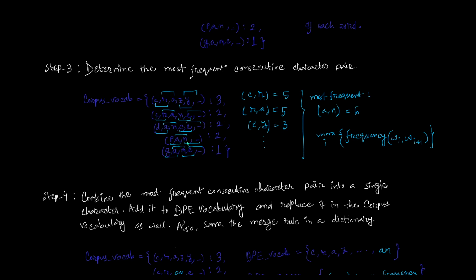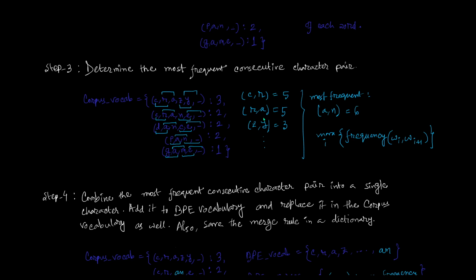Crane, dance, pan, these are the three words that have AN, and each of the words has two frequency. So in total AN has occurred 6 times. In this way, we will know which is the most frequent subword. We can call this character pair a subword.